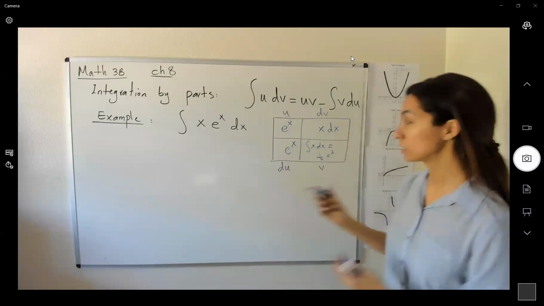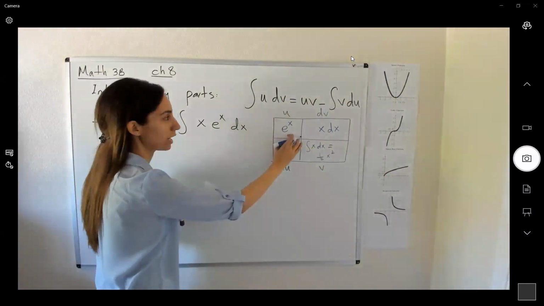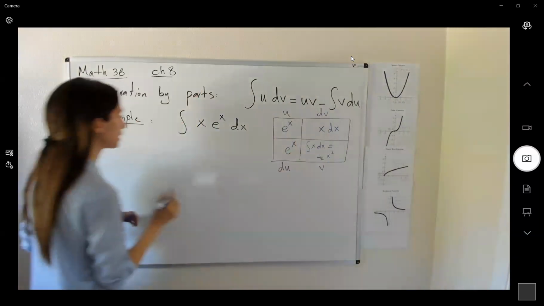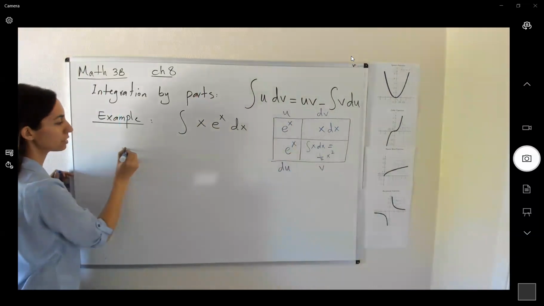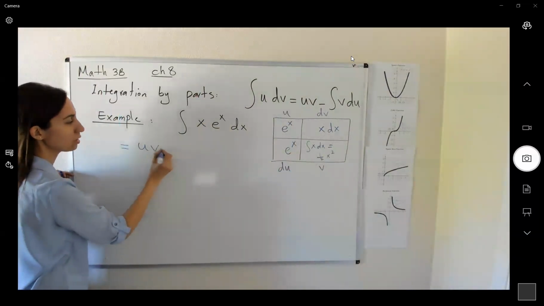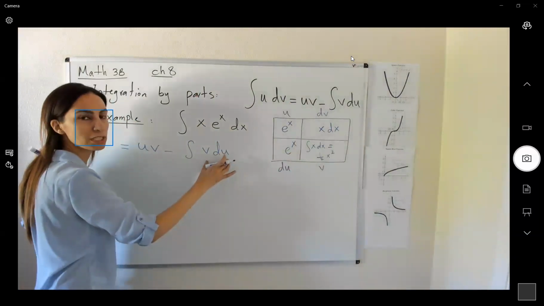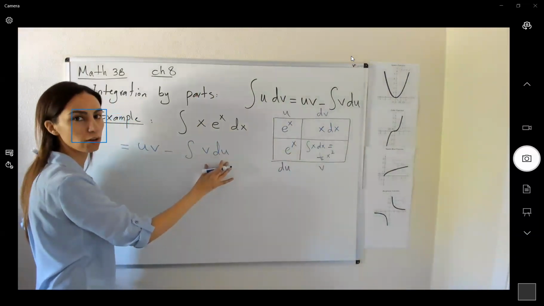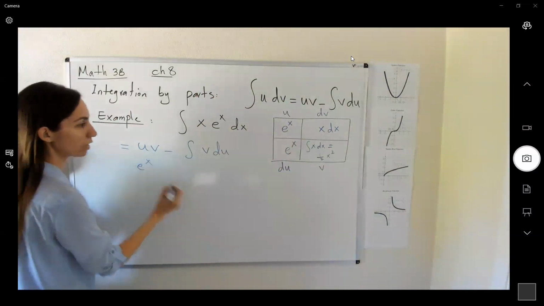Okay, so if I select u to be e to the x and dv to be x dx, based on integration by parts, I can rewrite this integral as uv minus the integral of v du, and this integral must be easier to solve. So what is u? u is e to the x. What is v?